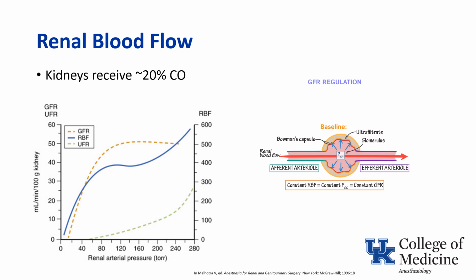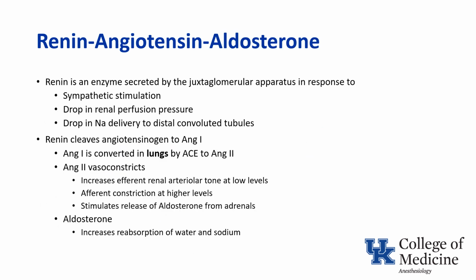And we know different medications can cause vasodilation and vasoconstriction of these vessels, and can lead to alterations in perfusion pressure for the kidney and overall kidney function. Things that we think about are things like NSAIDs, as well as ACE inhibitors.